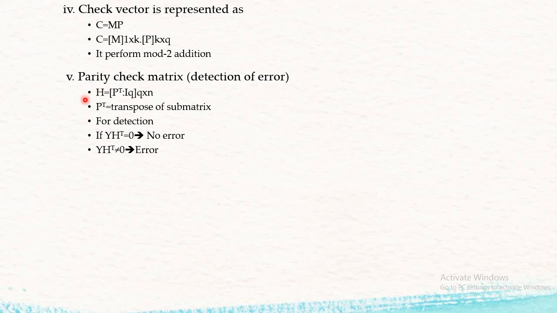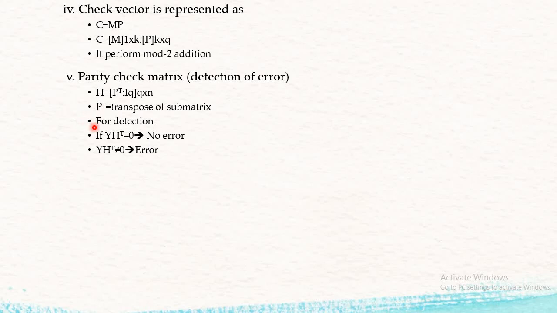So the generalized representation of the parity check matrix is H is equal to [P transpose | I_q], where P transpose is the transpose of the P submatrix and the second part is the identity matrix whose size is q, and the total size of the H matrix, or the parity check matrix, is q by n.